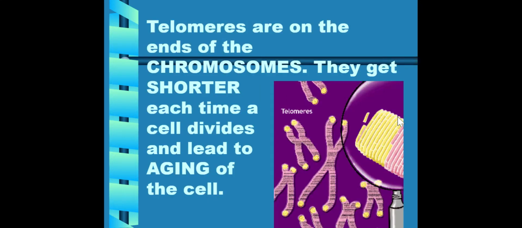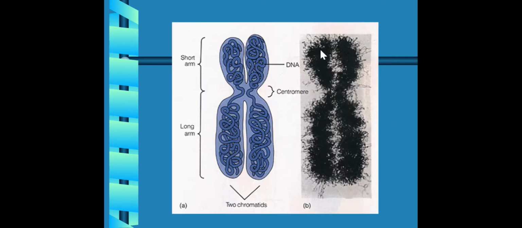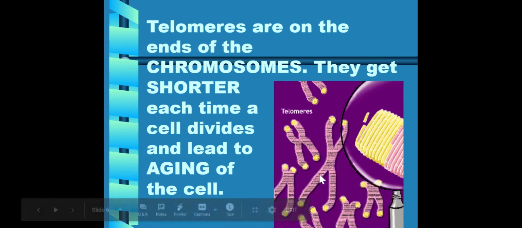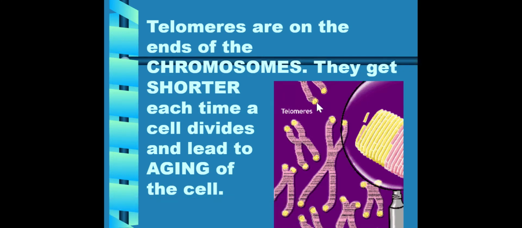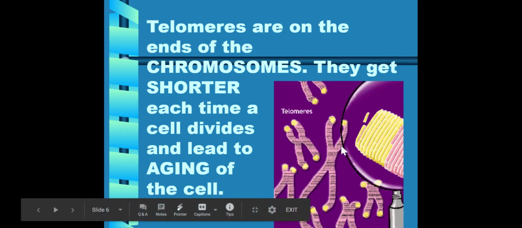And then at the end of the chromosomes, when you look at a real picture of a chromosome, you can't see this. So this is just an artist's rendition of it, of chromosomes. But at the end, there are these things called telomeres. And they're at both ends of both chromatids.